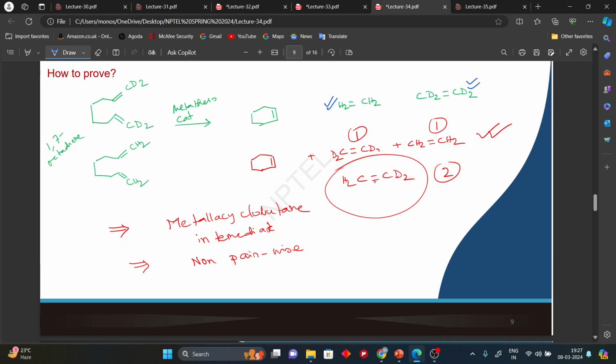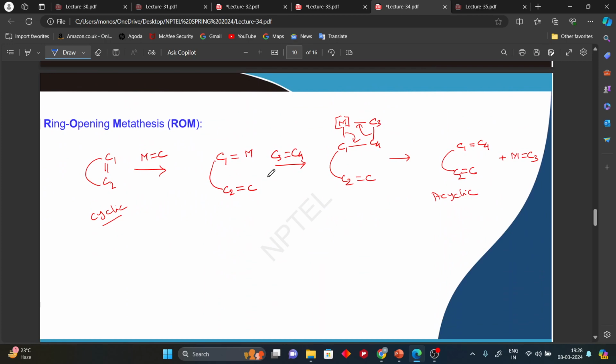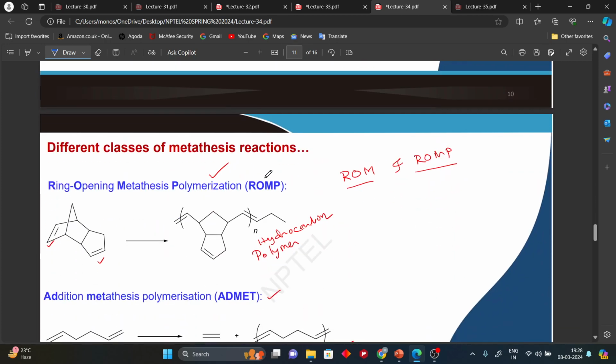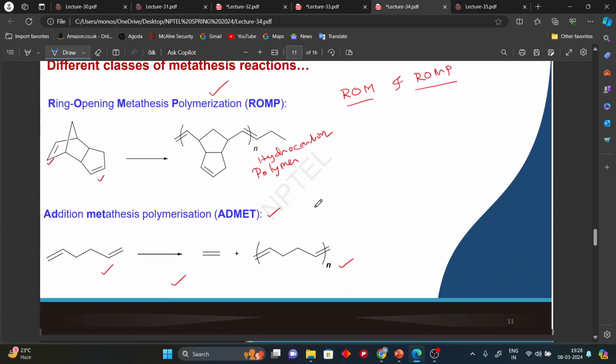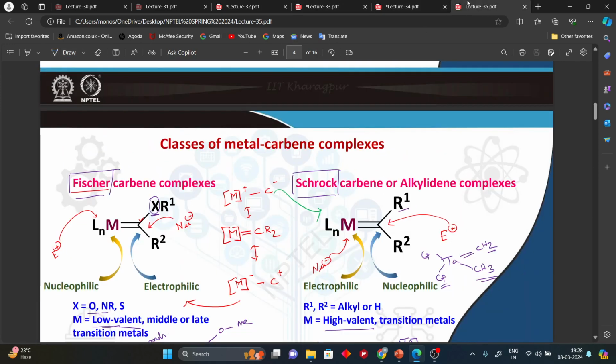If it were, you would see this kind of intermediate, because all four centers could react at the same time, which should not be possible. In that way, ring opening again we have, and this one we discussed again.